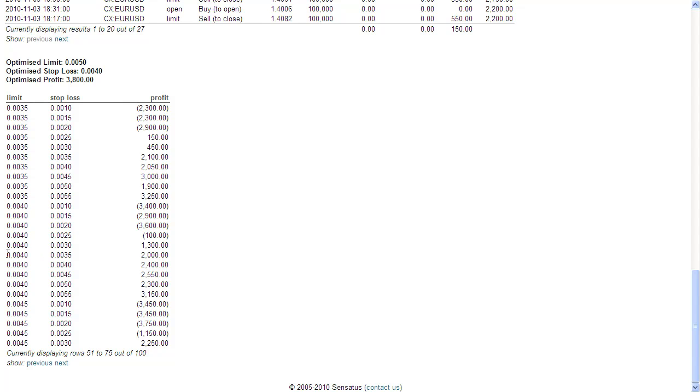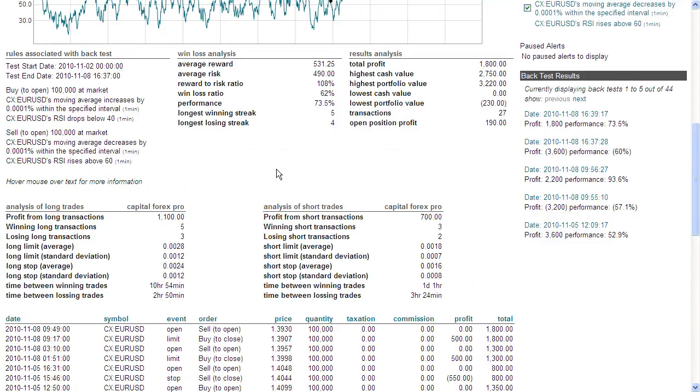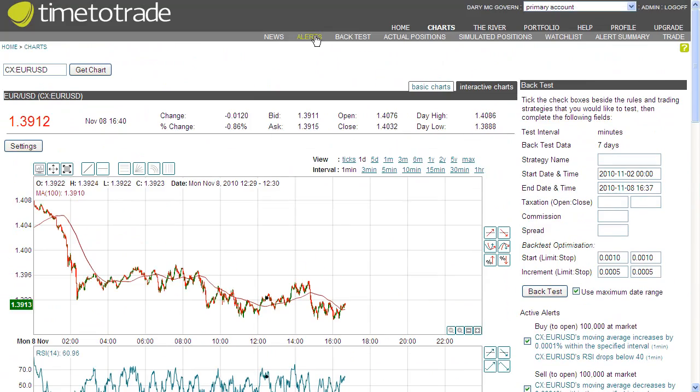So if we look, for example, 40 pips plus or minus 5-10 pips was a profitable strategy on the stop and the limit. So if the limit is at a higher or lower value, there's a good chance of profitability. So what I'm going to do is change the stop to 40 pips on this strategy.